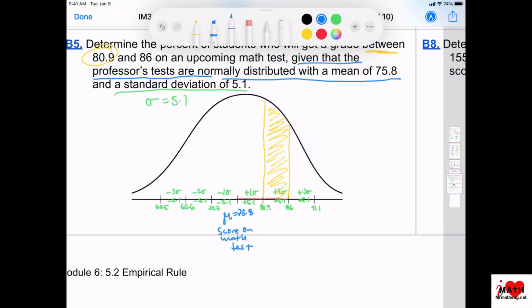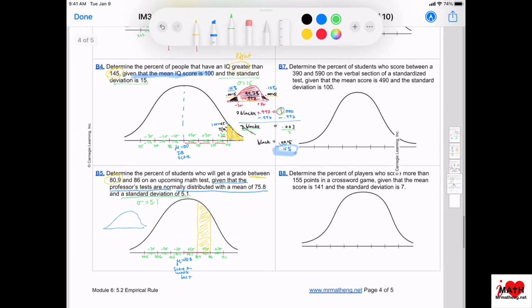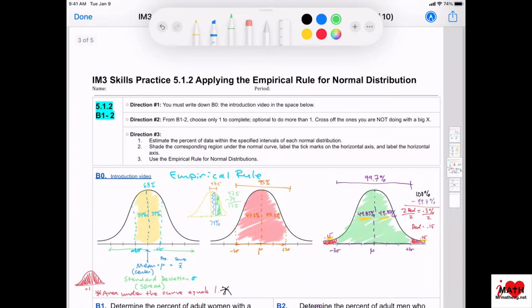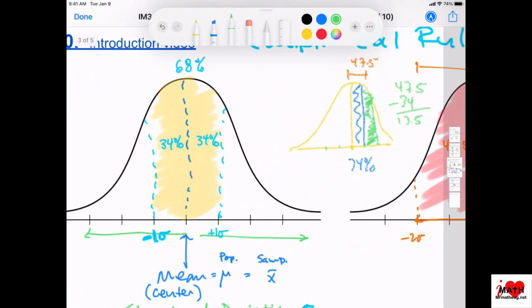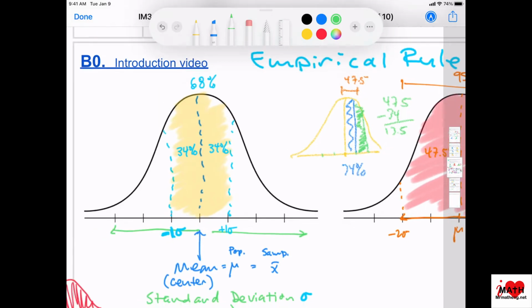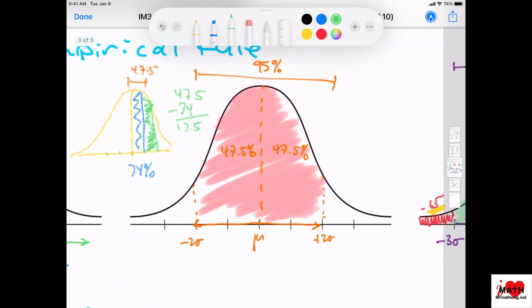Let's do one of these in blue. And the other one, well, I can use the colors above that we did, yellow and red. So 1 standard deviation is going to be 68%, and divided between 2, that's 34%. And over here, between 2 standard deviations is 95, or 47.5 on both of those.